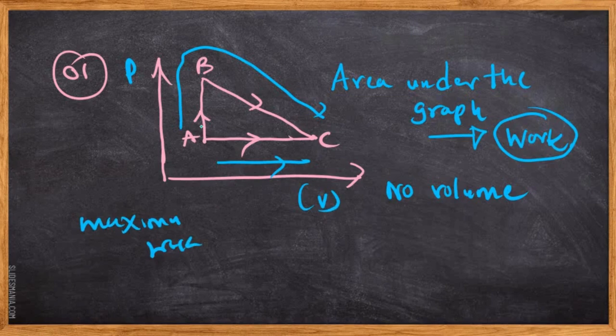You have to take the area under the graph. If we consider the ABC path, the BC work is the area under that.